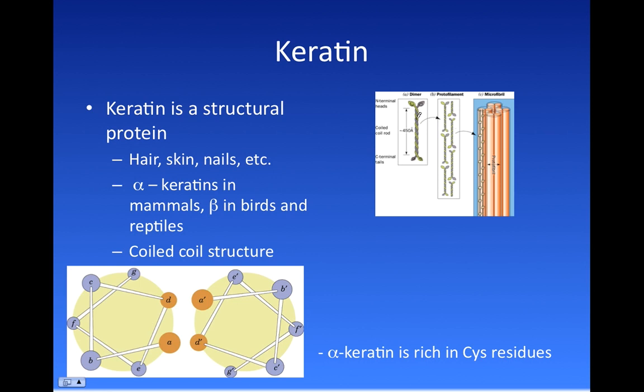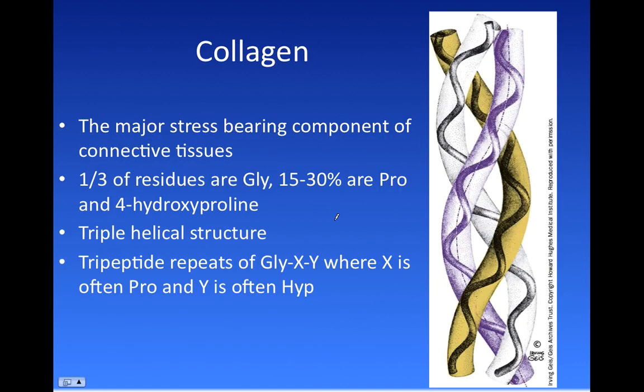Although the dimer is formed by hydrophobic interactions, the larger structures between dimers and so on and so forth are formed through cysteine disulfide bonds. So one dimer can bind to another through disulfide bonds, and there are some cysteine residues in the keratin polypeptide that are responsible for these higher order forms of organization. But the coiled coil is the basic motif, and that's why we think of it as a fibrous protein.